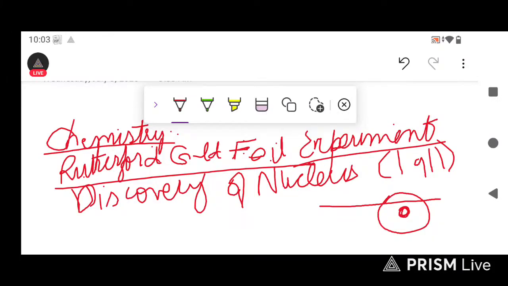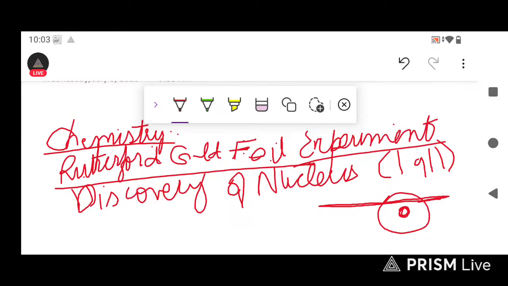What is the meaning of that? There must be empty space there, so that's why the particles go straight without any deflection.